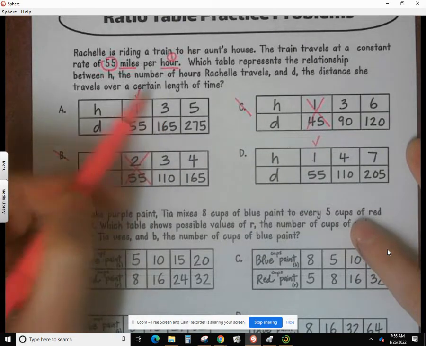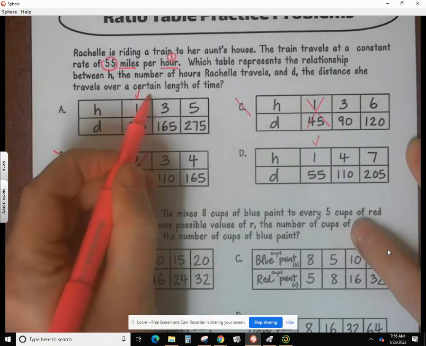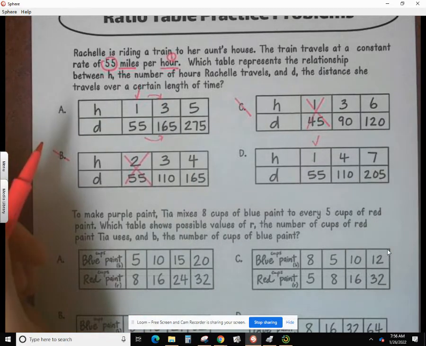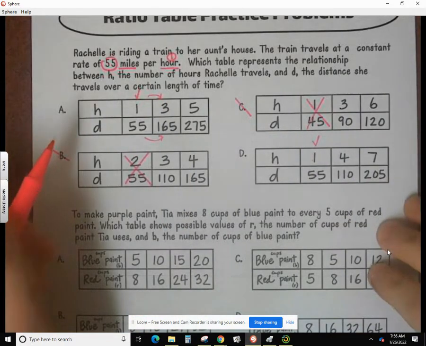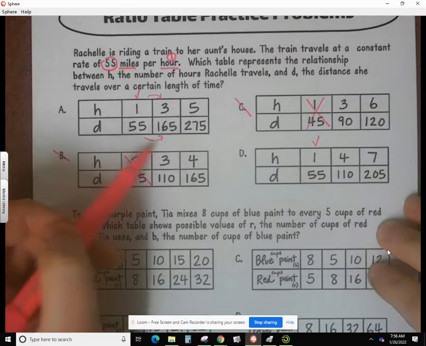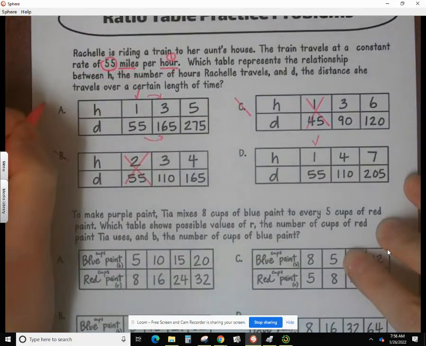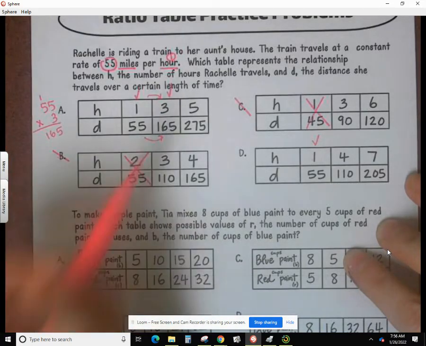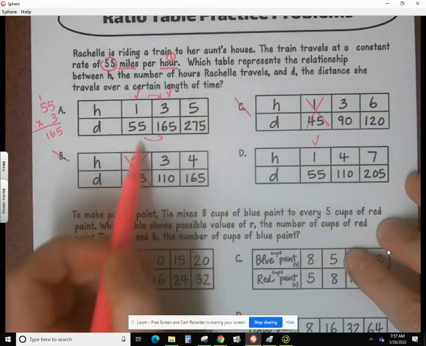So I need to understand if the relationship is right. So 1 times 3 is 3. So if that's correct, then 55 times 3 should be 165. So I'm going to test that out to the side. 55 times 3 is 165. So that one's good too. And then this one is times 5, times 5.